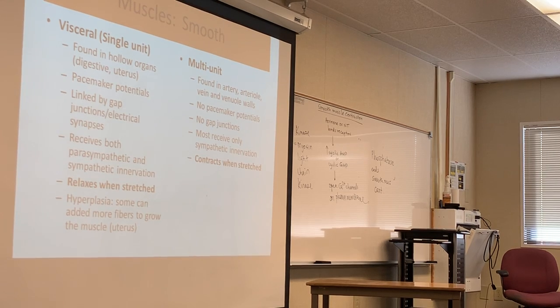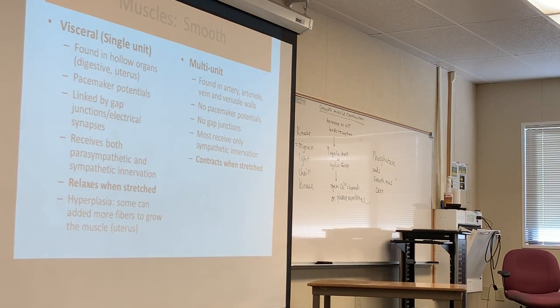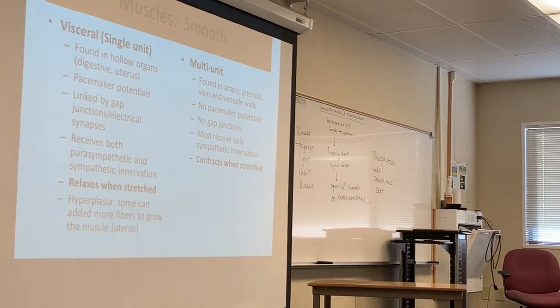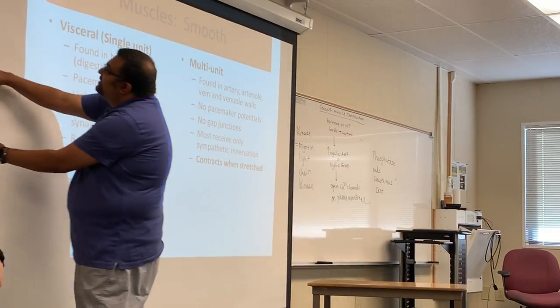It receives both sympathetic and parasympathetic innervation. Sympathetic is fight or flight. So if you're in an emergency situation, sympathetic is associated with adrenaline or epinephrine. They both are the same thing. Adrenaline or epinephrine. Okay? So sympathetic, it's important for you to know anyway. So I'll write this out.